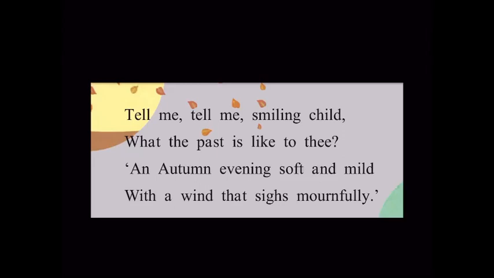An autumn evening, soft and mild, with a wind that sighs mournfully. The first stanza is about the past. If you observe the first line, the poet refers to the child as smiling child, which shows that the poet is talking to a child who is happy.